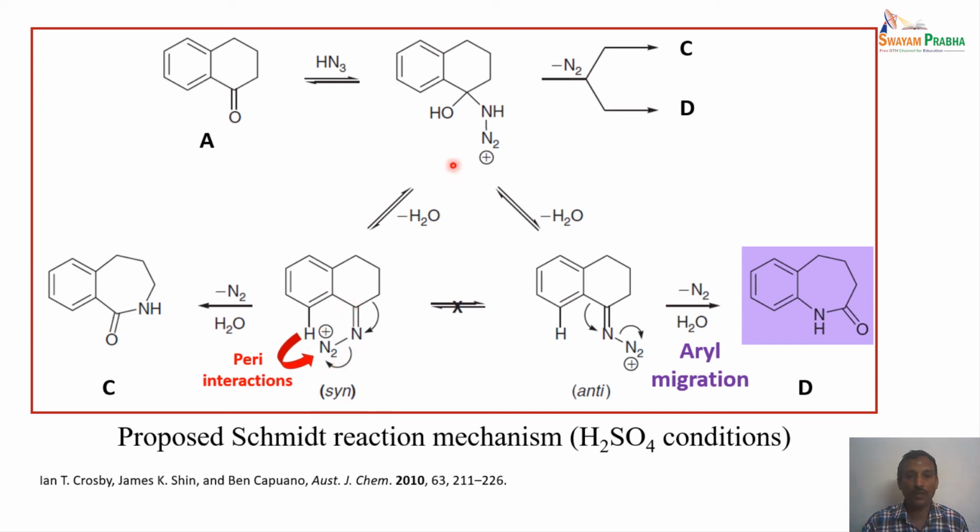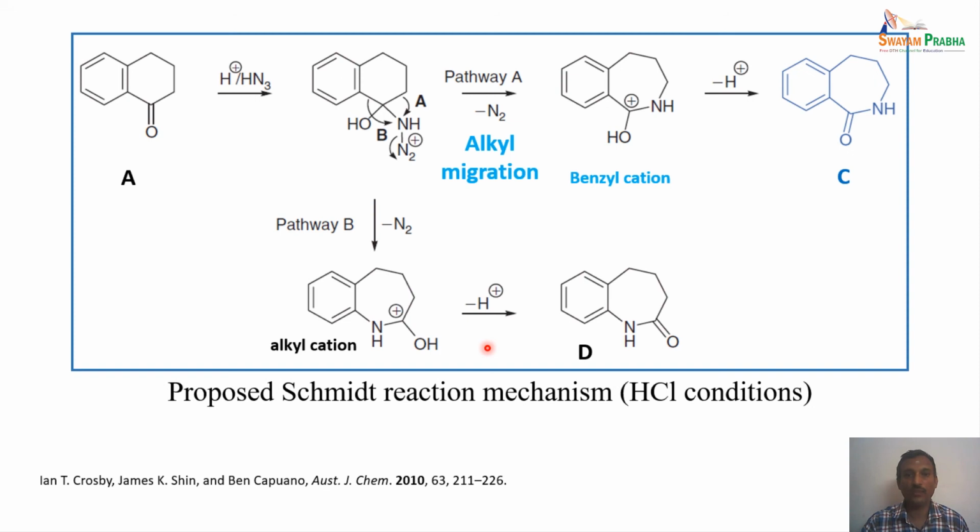In other words, the loss of the water molecule only leads to the formation of the anti-isomer, and this anti-isomer undergoes the aryl migration. From this part it is migrated to this nitrogen to give the final product D, and this happens because sulfuric acid is an anhydrous solvent, so it removes water very efficiently. This is the mechanism by which we get the aryl migration. Now let us look at the HCl case.